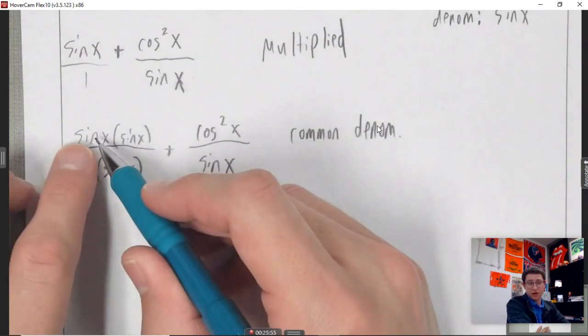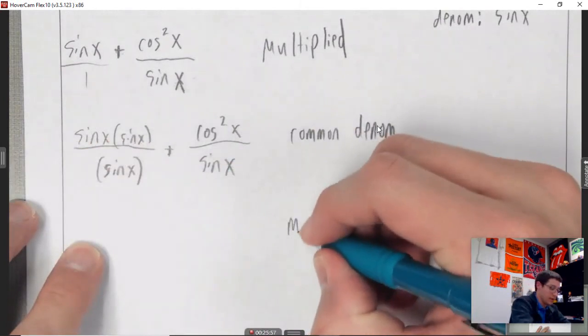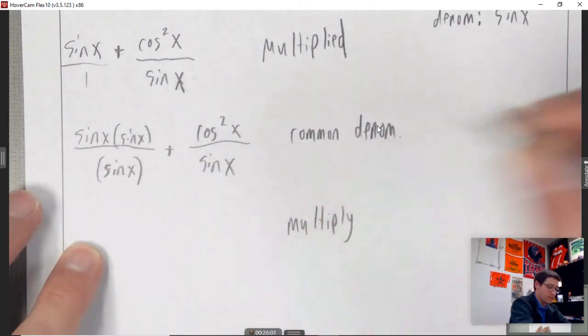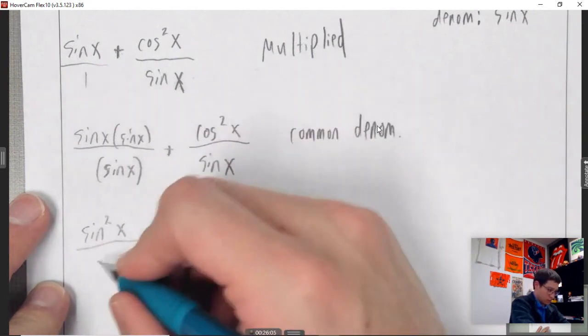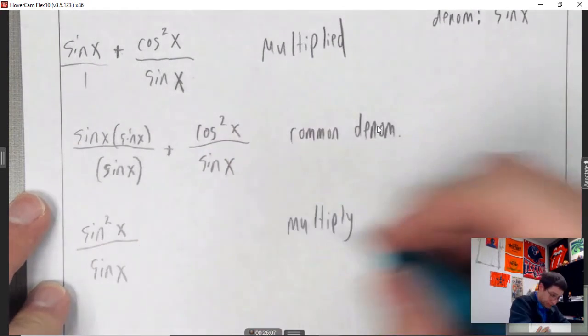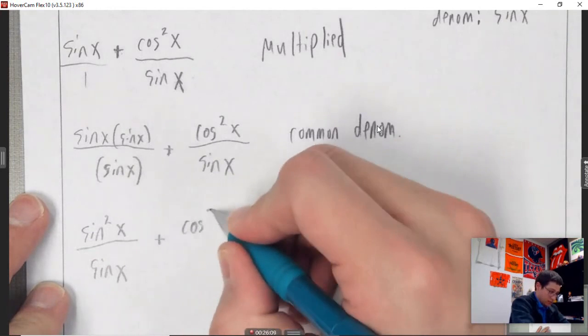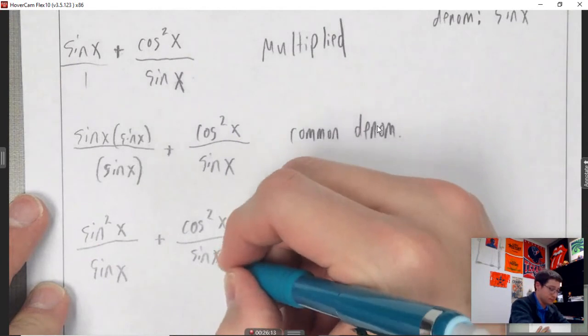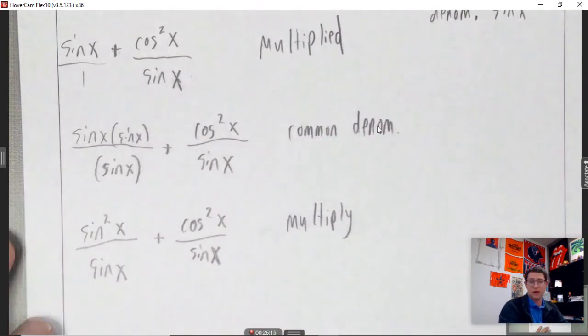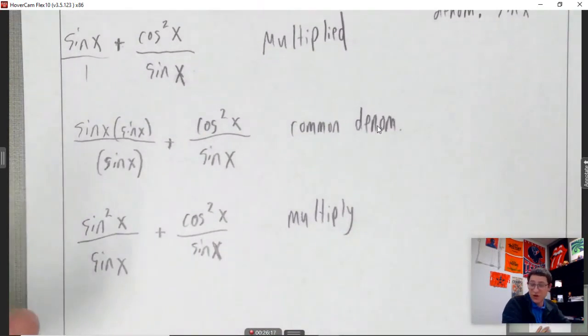Now that we have a common denominator, we can simplify it. I've got sine of x times sine of x, so multiplying these out would be a good call. On top we have sine squared of x over sine of x, plus cosine squared of x over sine of x. Sine squared, cosine squared, so maybe it's a Pythagorean identity.